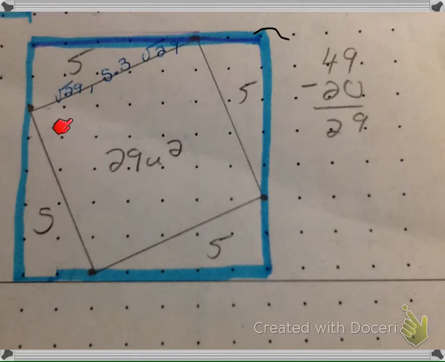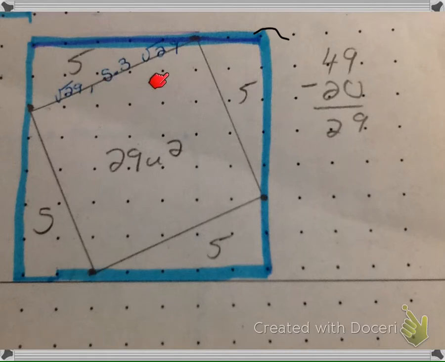In radical form, the side length is square root of 29. It's this square rooted. An estimate for that, and I didn't use a calculator, so I didn't check to see how close this was, about 5.3, maybe 5.4. I know it's very close to 5, closer to 5 than it is 6. So I said 5.3.